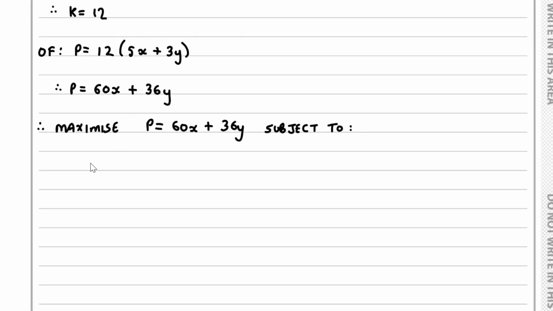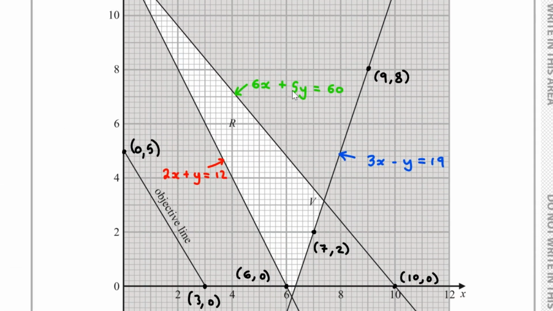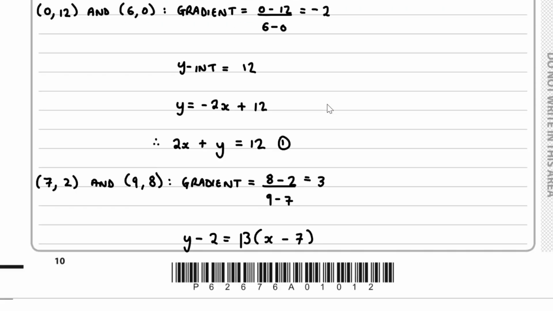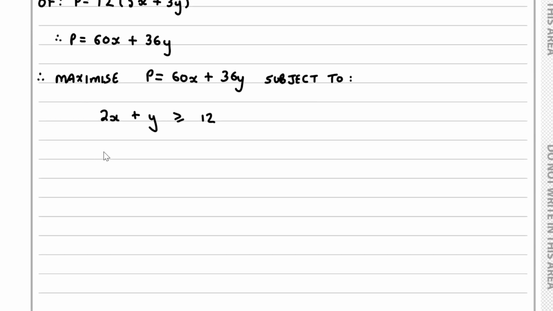Then if we consider the 6x plus 5y equaling 60, we want the bit that's not shaded, so here 6x plus 5y is less than or equal to 60.